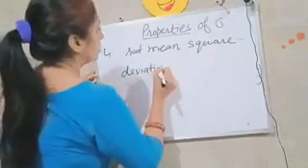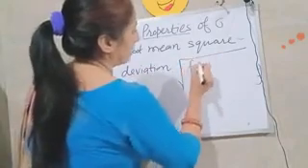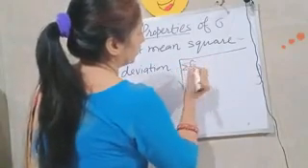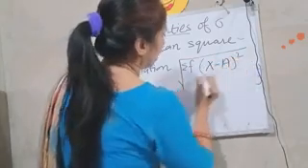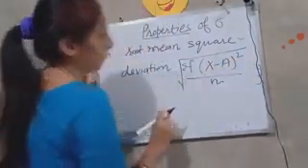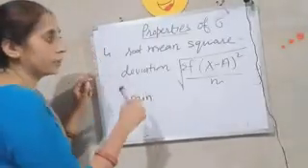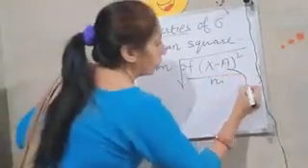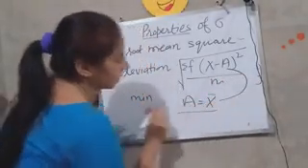Now what is this root mean square deviation? This means summation of f into x minus a square divided by n will be minimum only if a is x bar.